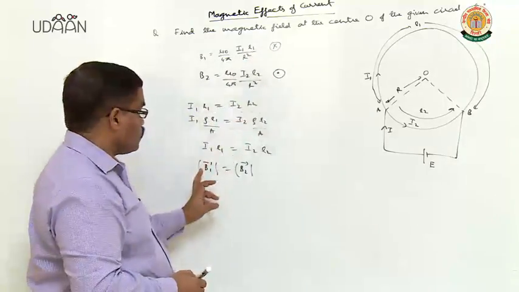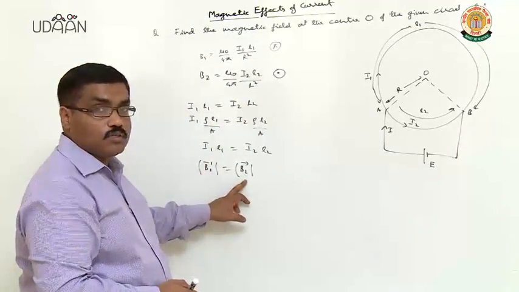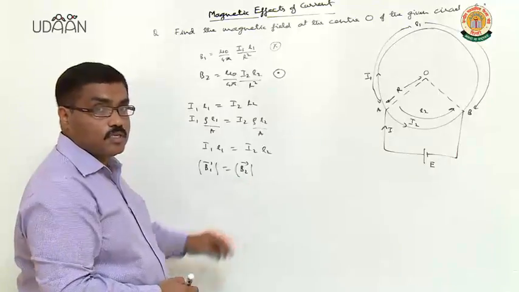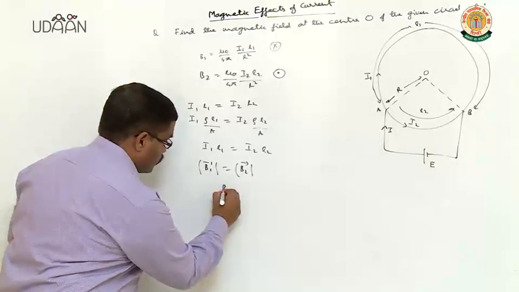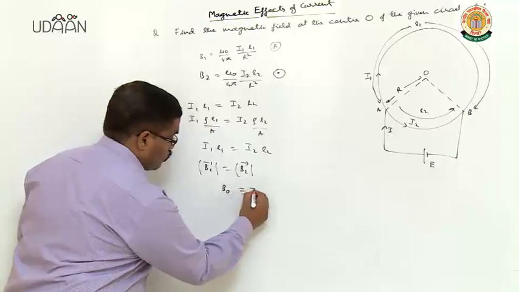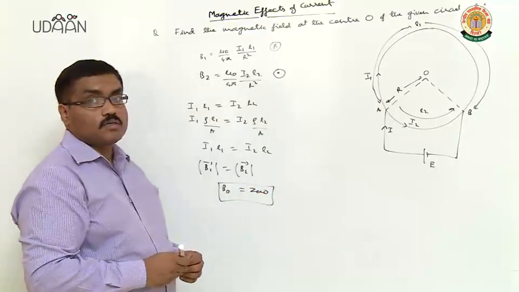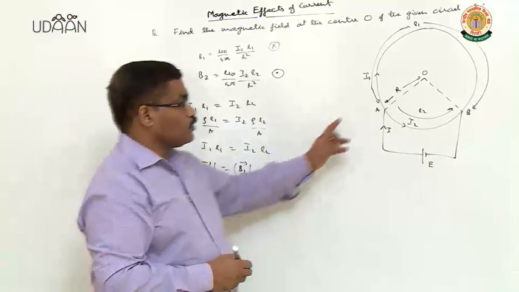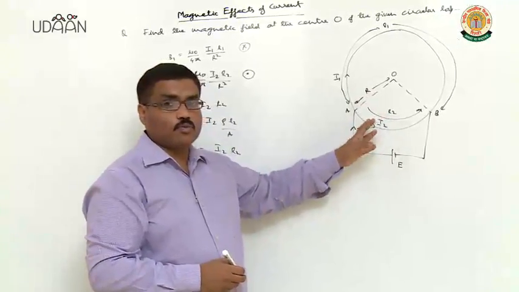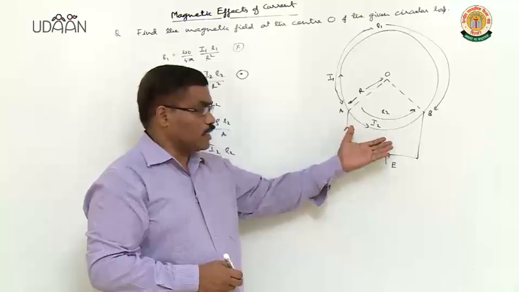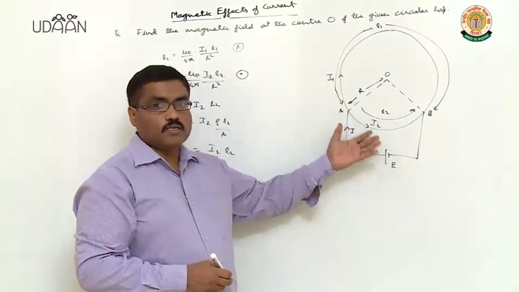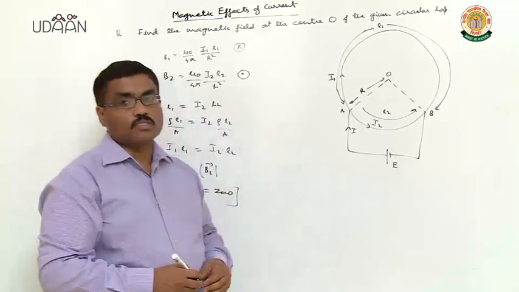Since B1 and B2 in magnitude are equal and the directions are opposite, it means that your net field at the center will always be 0. Do remember, in cases like this, wherever you connect A and B, whether diametrically opposite or any way you connect, you will always find that your net field at the center will always be 0.